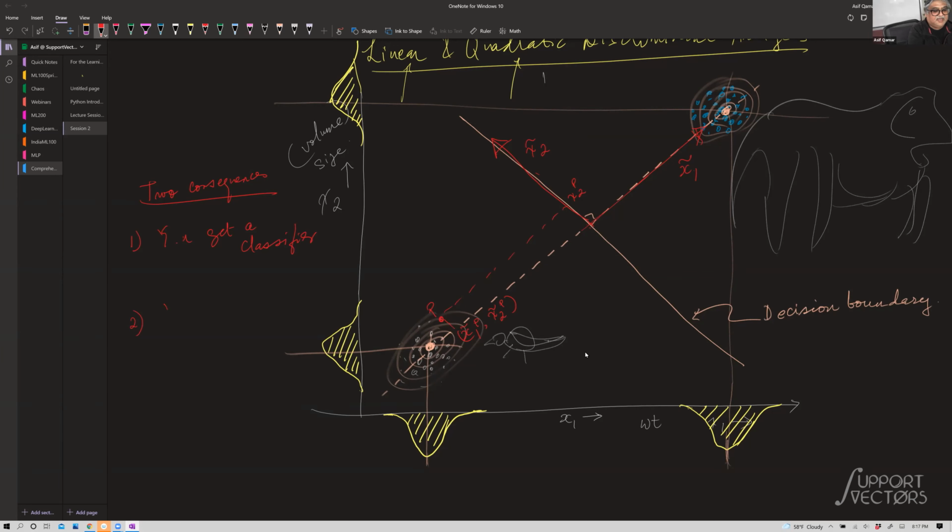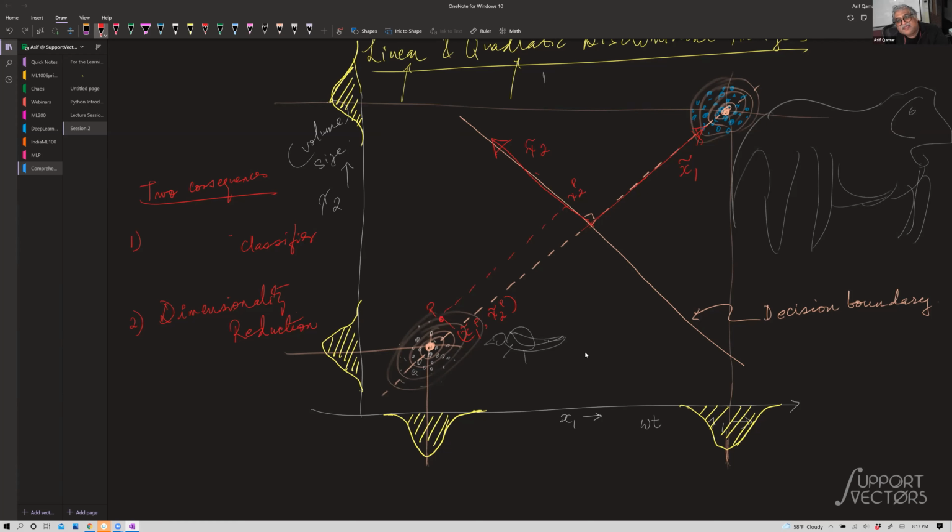So two consequences. A classifier itself is enough, and now I'll introduce something called dimensionality reduction. What in the world is that? Dimensionality reduction, right? Now, what is dimensionality reduction?